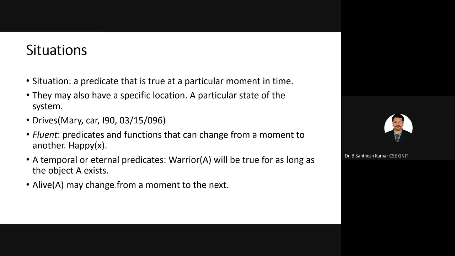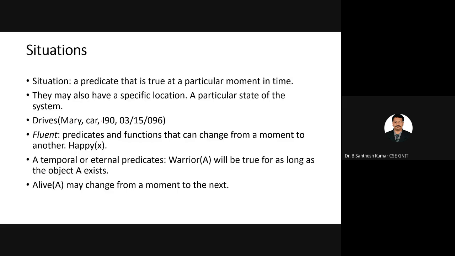Then the next one is a situation. A situation is a predicate that is true at a particular moment in time. They may also have a specific location, a particular state of the system. Here the information is given: Drives(Mary, Car, 190, date). It means Mary is a driver.